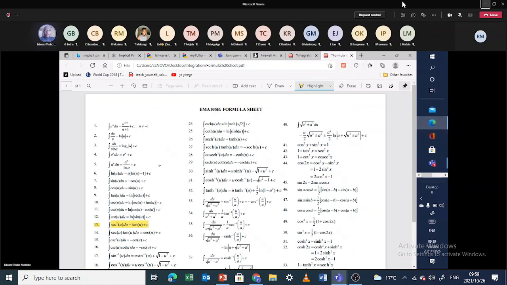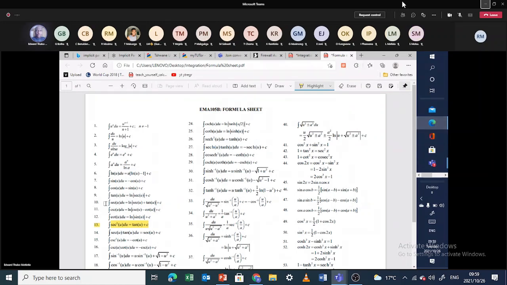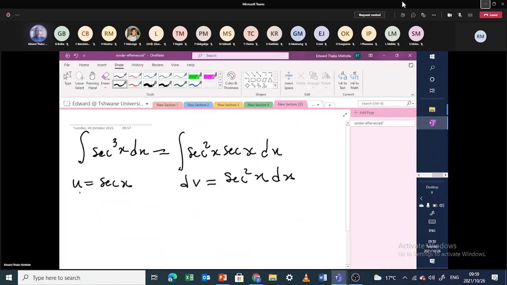We can go back here. So this is the integral. The derivative of sec x is sec x tan x. So du here will be sec x tan x dx, and v here will be equal to tan x.